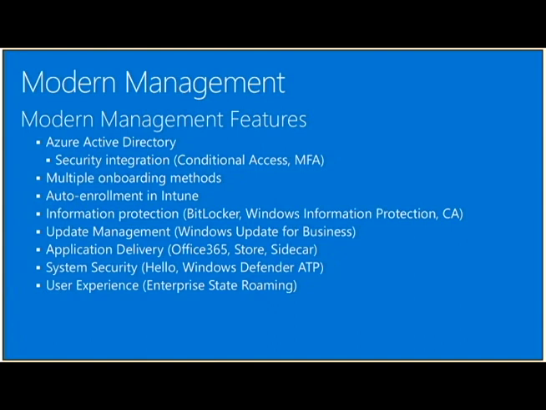From an update management standpoint, we can manage policies around Windows Update for Business, so we can put in place policies to determine how quickly after a new Windows feature release the user will be presented with that feature or those quality updates. So we can set deferment windows in place so that they don't necessarily get them right away.